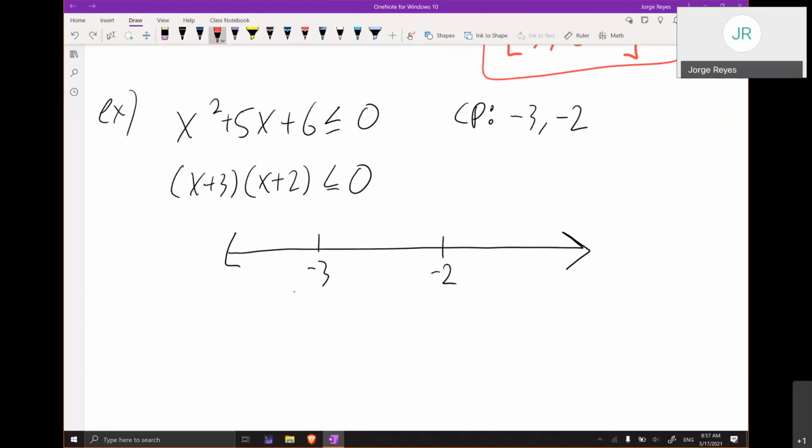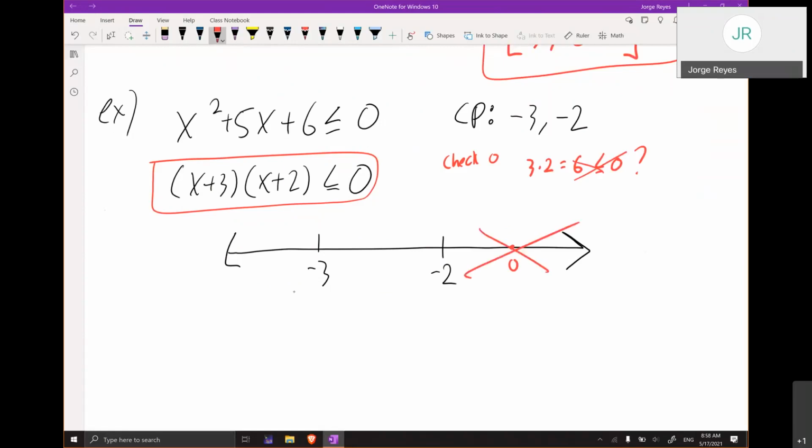So I'm going to plug in the number 0. If I plug in 0, I'm going to get 3 times 2 equals 6. Is that less than or equal to 0? No. So this is not my answer.